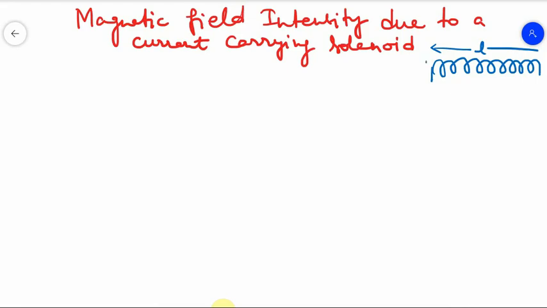The radius of the solenoid is this, and this L for the solenoid is very much larger than this a. Okay, this is the necessary condition for a coil to be a solenoid. Not every coil can be called a solenoid. Only those coils which have a large number of turns, and the length of the solenoid is very large as compared to its radius.